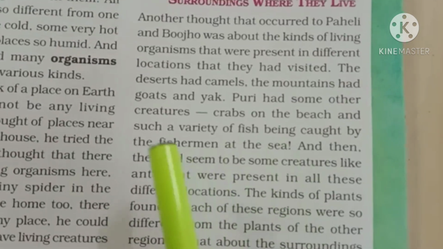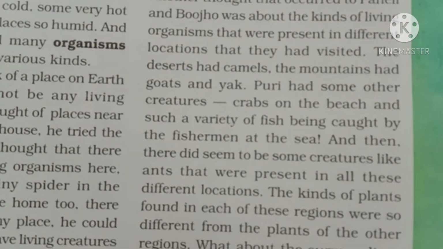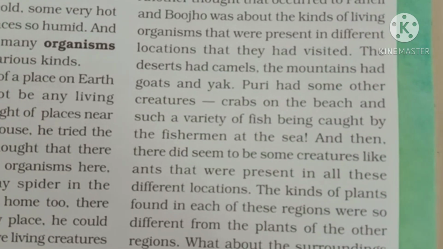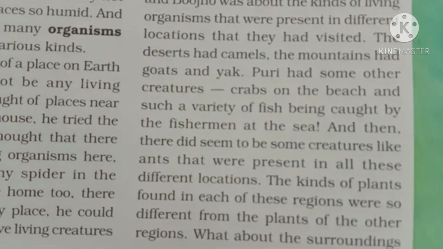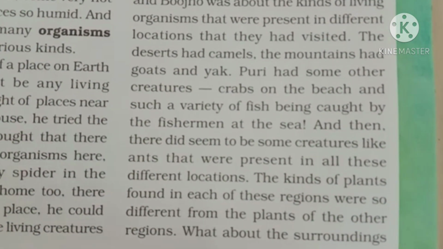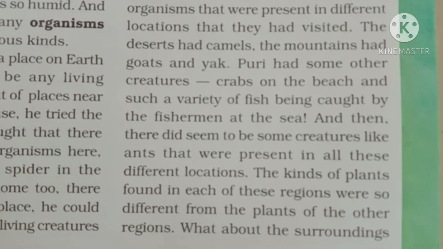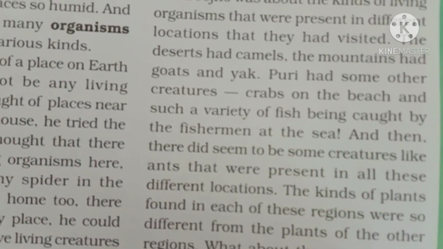So they found different types of animals with different skin and characteristics, and we will learn about these different creatures, like the camel, yak and crab, what type of skin they have and what type of adaptation they have in order to survive in that particular place.